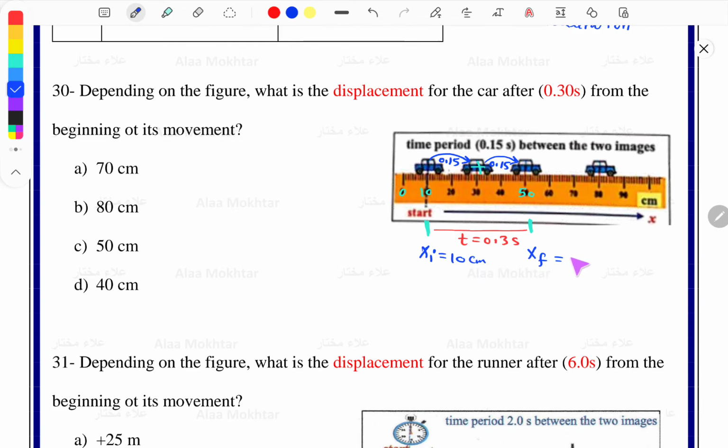X final is 50 centimeter. So the displacement, delta x, is x final minus x initial. 50 minus 10 will be 40 centimeter. The answer is D.